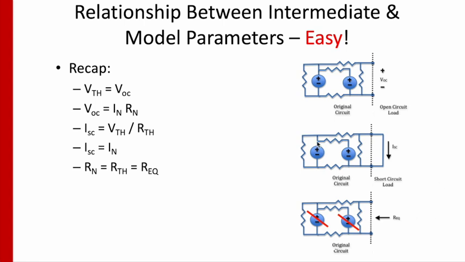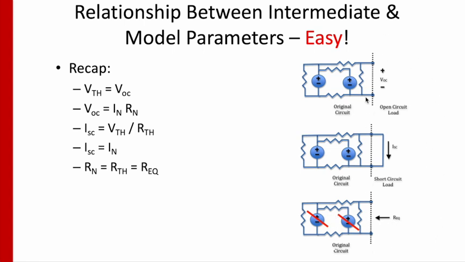Okay, so here is a recap of the relationships between these intermediate parameters that we can find by doing a circuit analysis of our original circuit with the focus on the port. The open circuit voltage at the port, the current flowing between the port connections with a shorting wire, or the resistance looking into the port with the sources off.